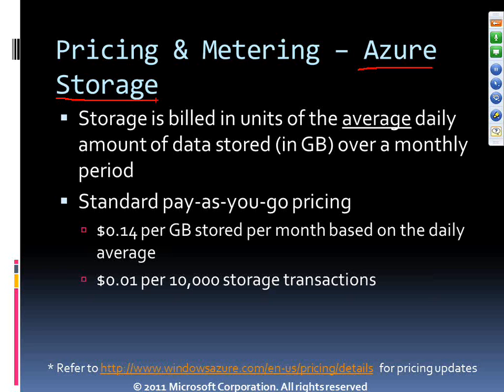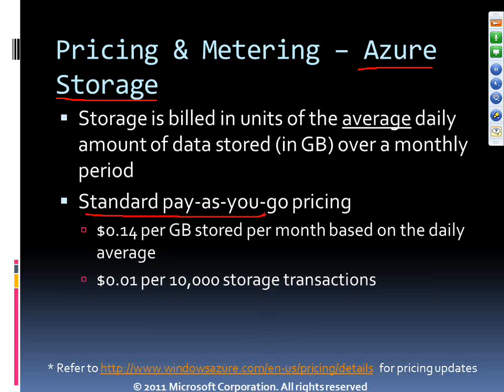So if I use 30 GB of data for 30 days, I'll be billed for 30 GB over a month, which means 30 GB times 0.14 per GB is my monthly bill in case I choose the pay as you go package. There are multiple packages available from Microsoft.